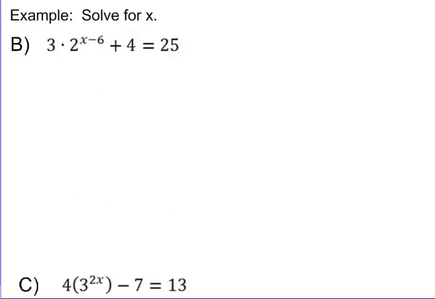Okay, now, looking at an equation that has a little more to it than that first one. So I'll write some steps off to the side. First, you want to isolate the exponential part.